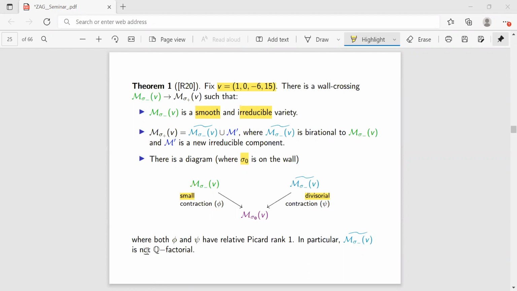And because it's not Q-factorial, this cannot appear as an MMP for this M sigma minus, because they were all supposed to be Q-factorial. Okay, so let's see how we can prove this theorem.